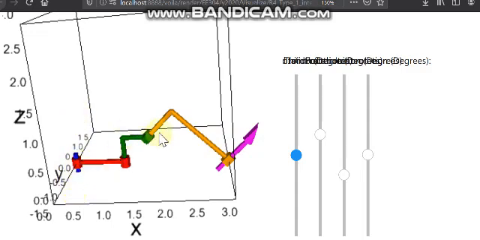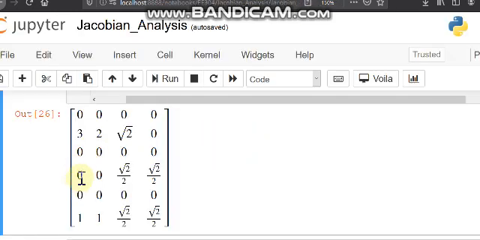Therefore, all of them have the same angular velocity, but our interest is only on the last one. Of course, that angular velocity is along the z direction, and that is what we see in the Jacobian. Only the z component is non-zero, the rest of them are 0.